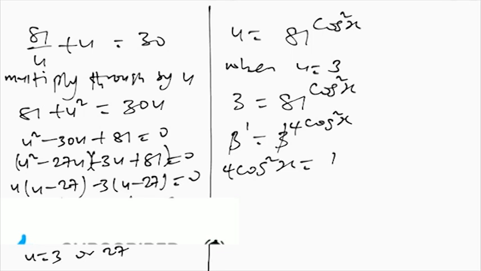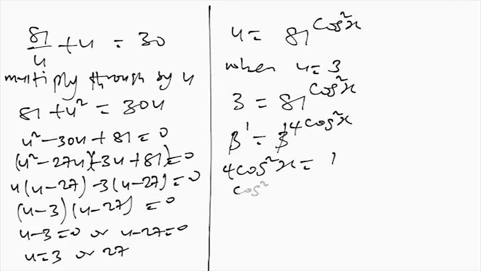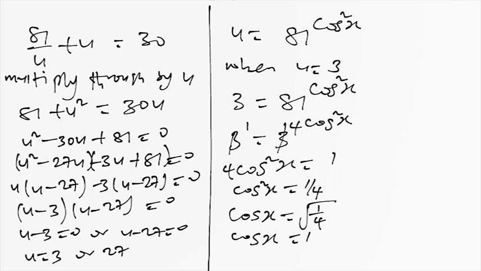From here we say that cos square x will be equal to 1 over 4. If we want to take away this square, we just find the square root of both sides. So we can say that cos x will be equal to 1 over 4. Now square root of 1 over 4 is the same thing as 1 over 2.